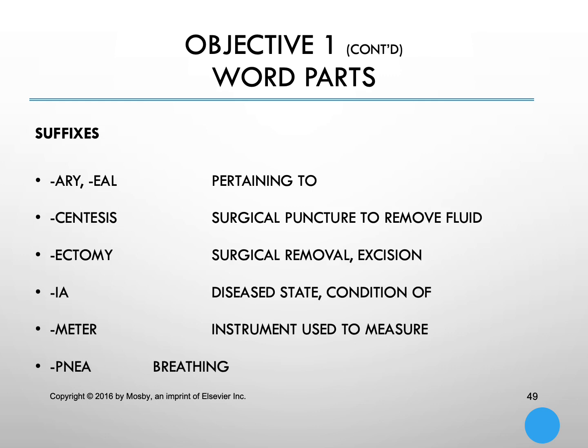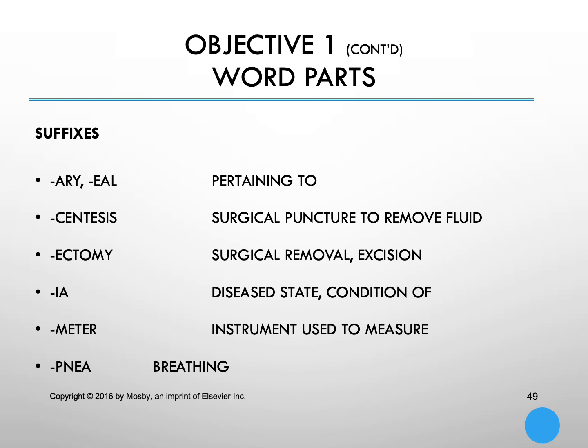So what about suffixes? Some suffixes that we will see with terms associated with the respiratory system include ARY or EAL. And again, that means pertaining to, pulmonary, okay? Pertaining to the lungs. Centesis is surgical puncture to remove fluid. Pneumocentesis.